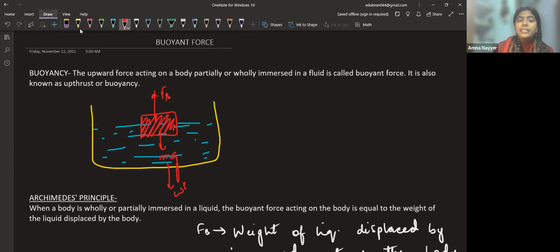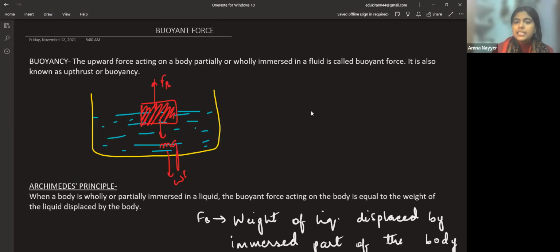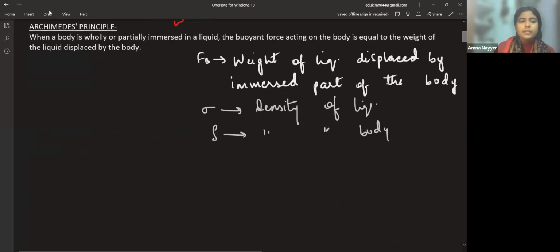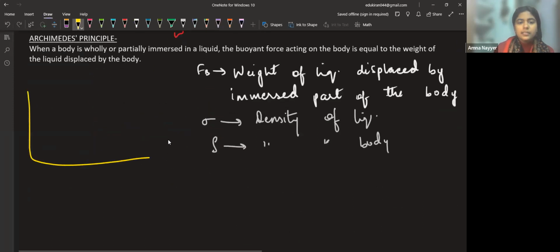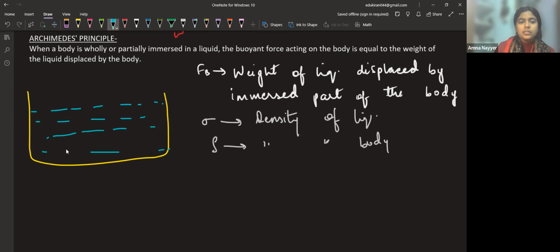Now, an extension of buoyant force is known as Archimedes principle. Archimedes principle basically says that, see, if some amount of liquid is being displaced, this is the container, this is the water. Can you notice this?